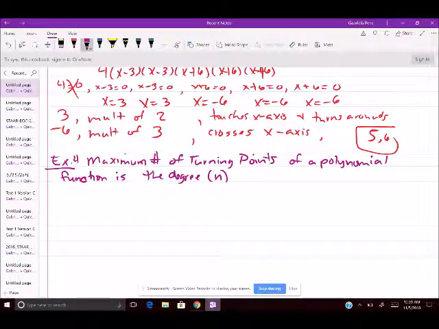We said it was n minus 1. The degree minus 1. That's how it is.